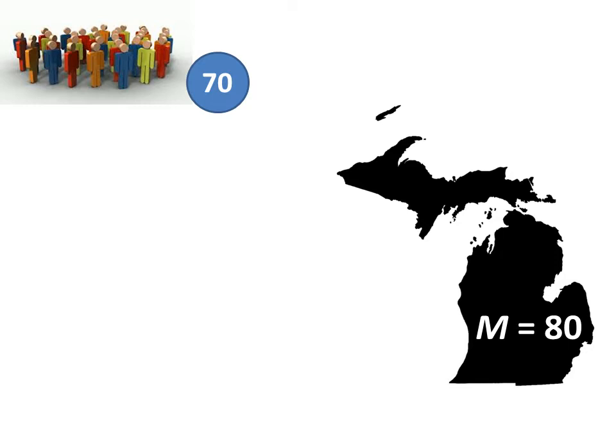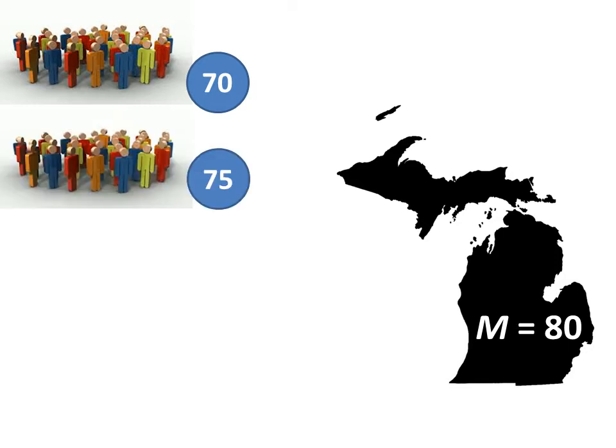The researcher has drawn a sample from the population that has a population mean of 80. They drew a random sample of 60 from the population, tested the participants, and computed the mean for the sample, and they calculated a 70.